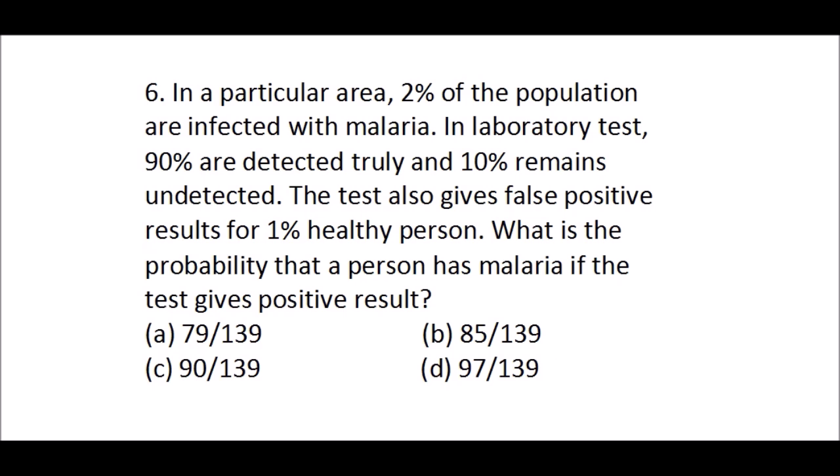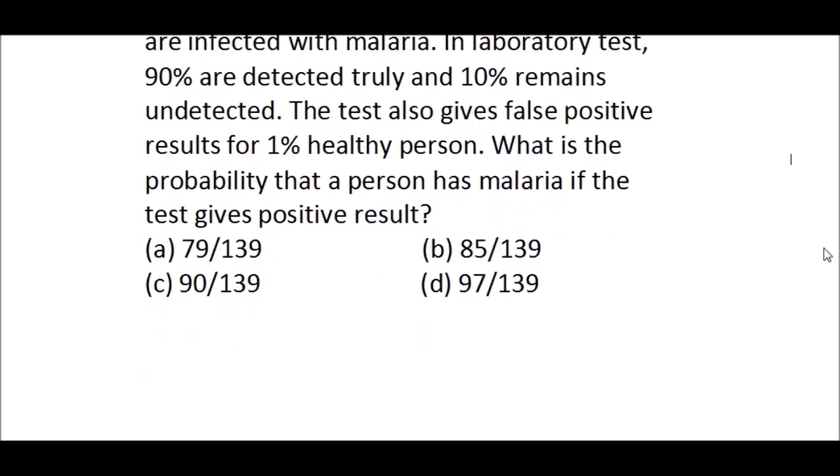Therefore, we already know that the test is positive, and we have to find the probability that the person who has tested positive truly has malaria. Therefore, it is a conditional probability problem. Let us consider that A is an event: a person tested positive.